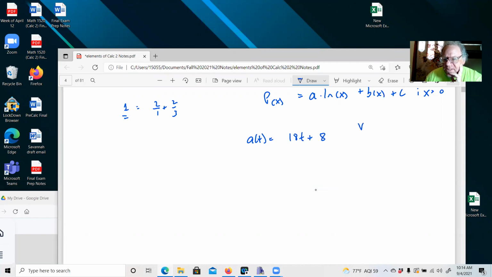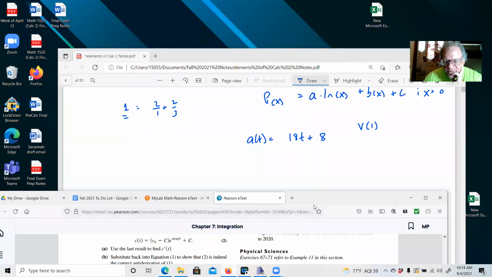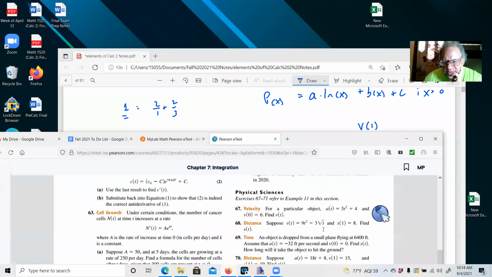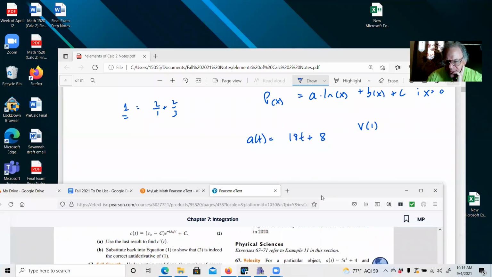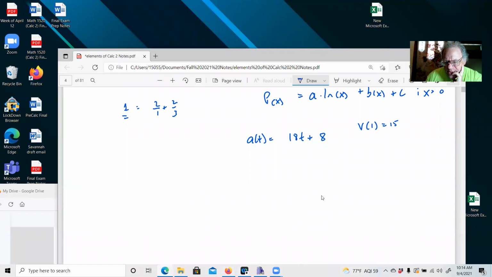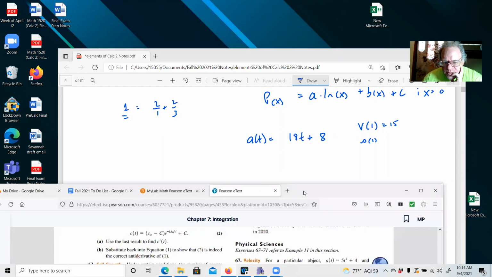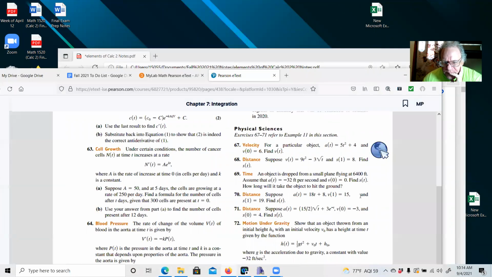They also tell us the velocity after 1 second is 15. And the distance after 1 second, I'll use a script S, is 19.